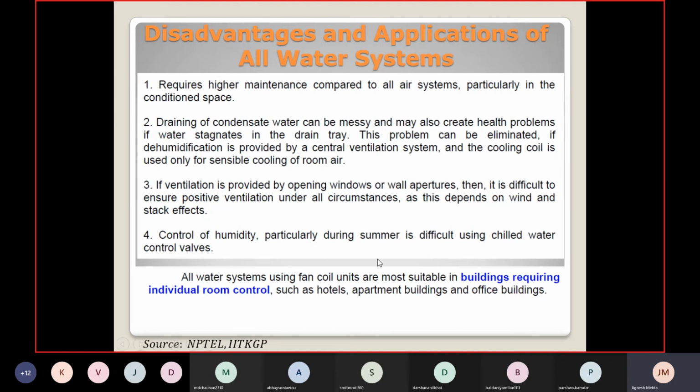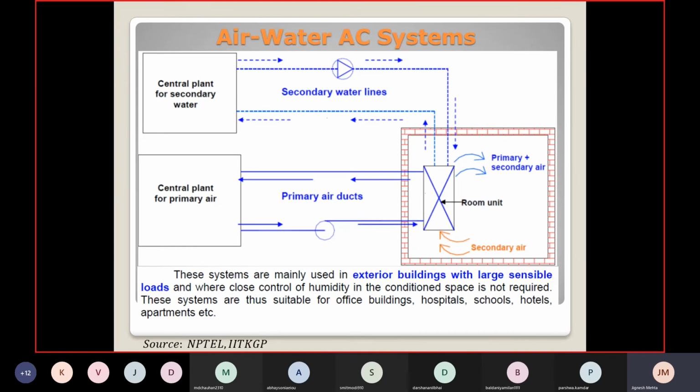All water systems using fan coil units are most suitable in buildings requiring individual room control, such as hotels, apartment buildings, and office buildings. There could be air water systems also, where there is a combination of the chilled water or low temperature water supplied to a particular zone, as well as air also supplied.